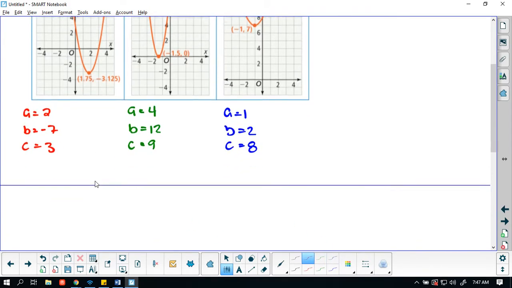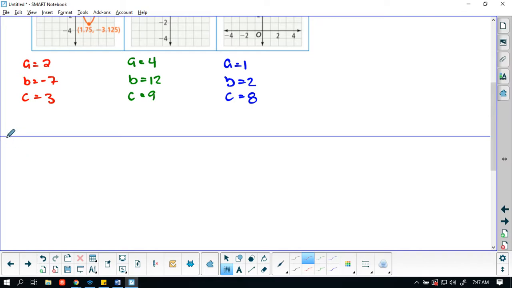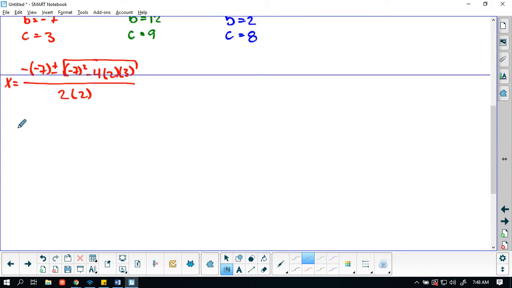All right. Now let's do this. I'm going to use the quadratic formula, so x equals negative b, negative parentheses, negative 7, plus or minus the square root of negative 7 squared minus 4 times 2 times 3. The full thing is going to be over 2 times 2. All right, I'm going to clean this up a little bit.